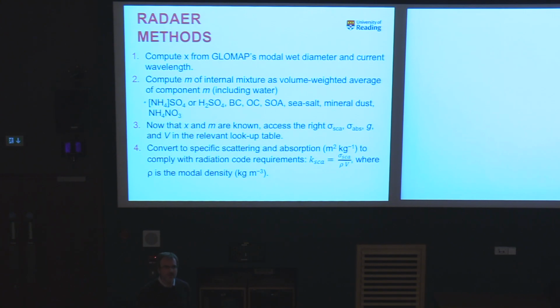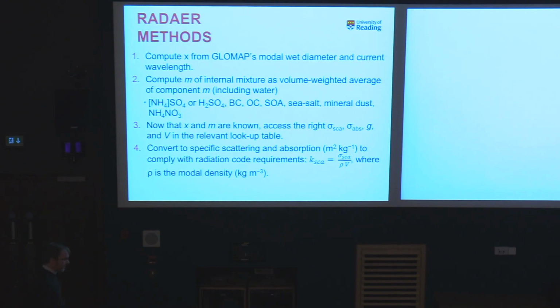There are several ways to do this. RADAER does a simple volume-weighted average, including water as a component. RADAER has a little library of refractive indices for different chemical species. From left to right, that's sulfate, black carbon, organic carbon, secondary organic aerosol, sea salt aerosol, mineral dust, and ammonium nitrate aerosol.